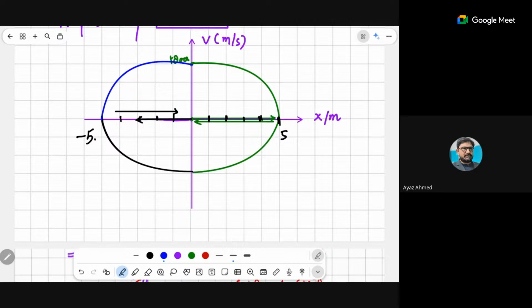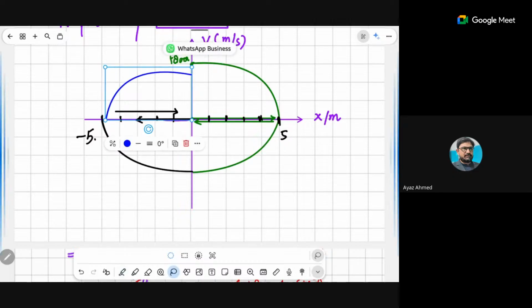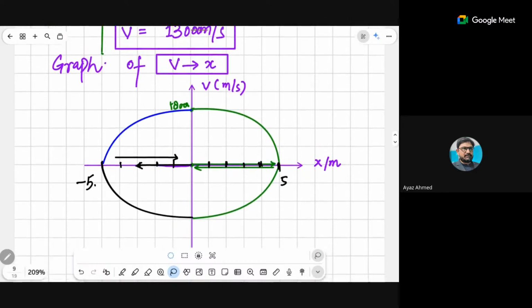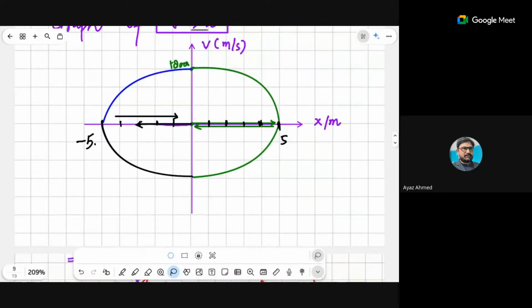So overall, you are supposed to draw this type of graph, and that graph is a unique graph this way. Okay, is it clear to everyone? These types of questions are asked, about what type of velocity-time graph you will have.